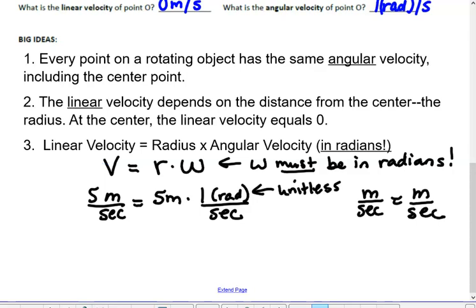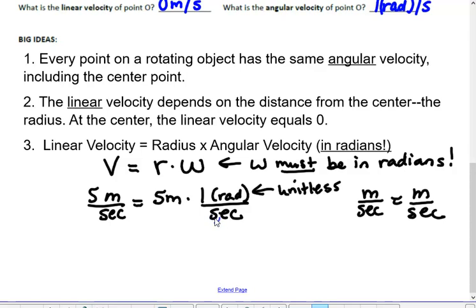Because 1 radian gives me 1 radius length, this correspondence works. And because radians are unitless, the units work out correctly. So we need both the one-to-one correspondence between radians and the radius of the circle, and we have to have radians be unitless for this relationship to work.